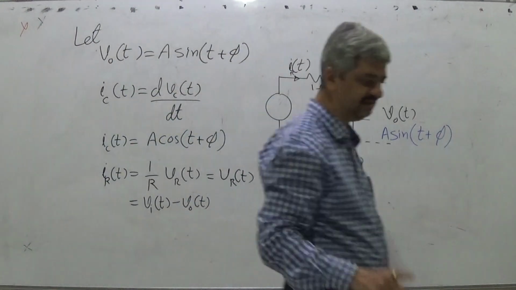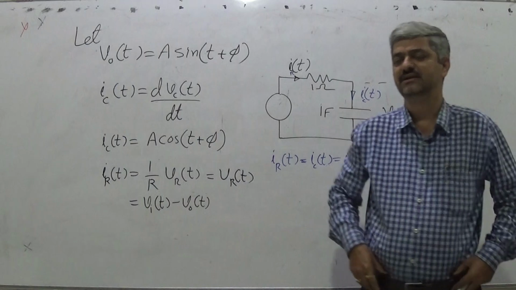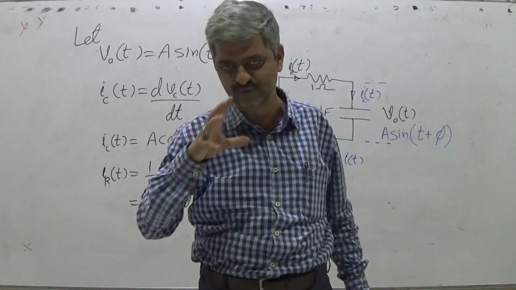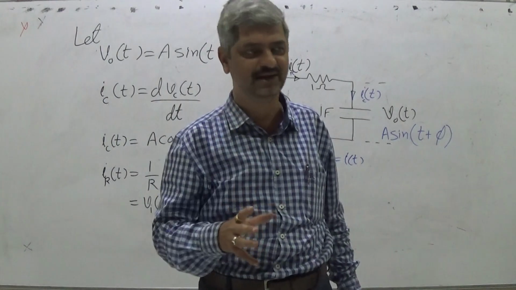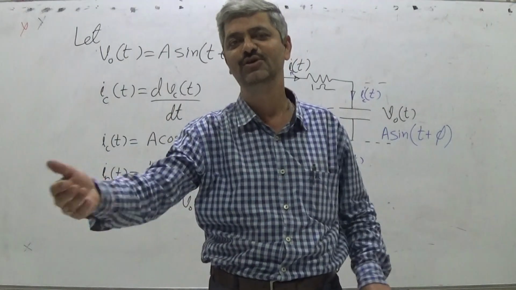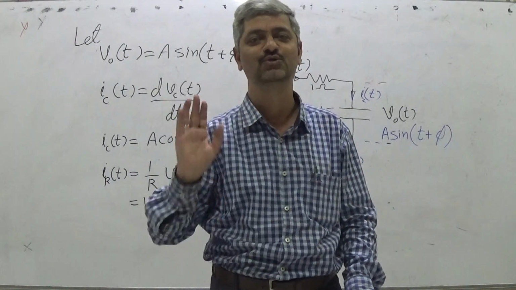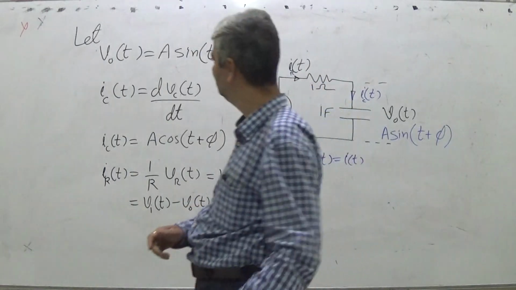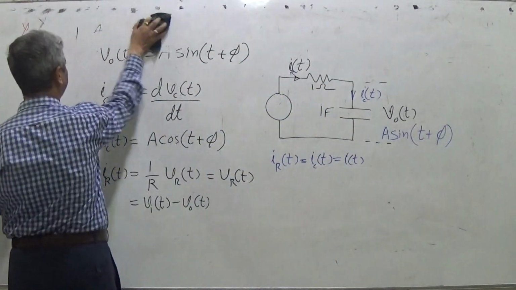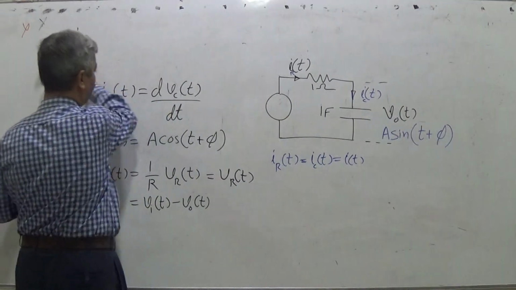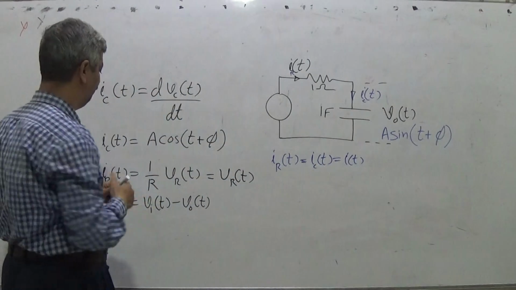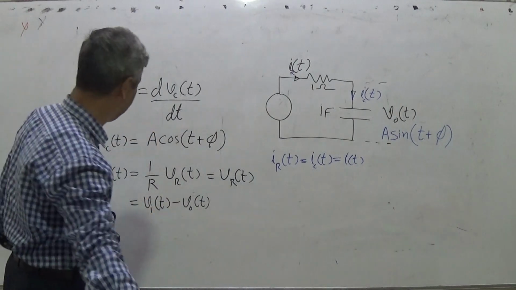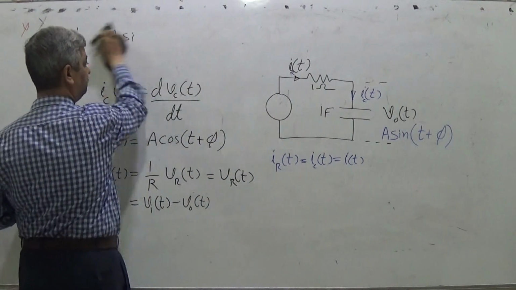Friends, I am explaining it in a very simple manner because this is the first subject where each and everything should be well understood by everybody, not just because it is given in the book, not just because others say so. No, everybody of you has to understand. So what is Vin(t)?